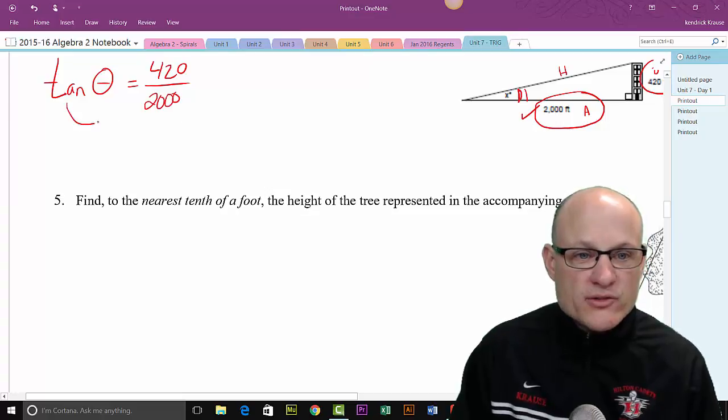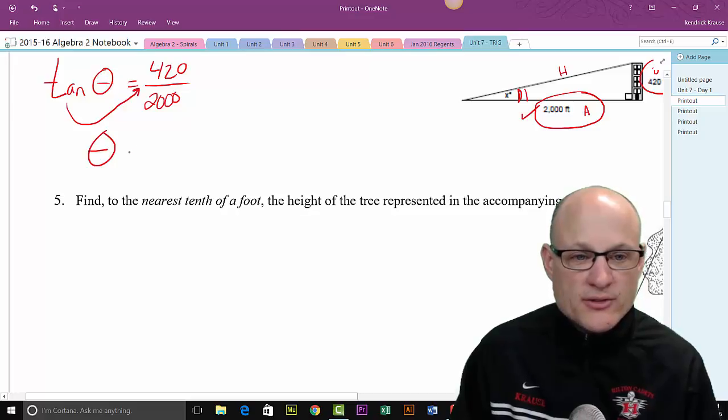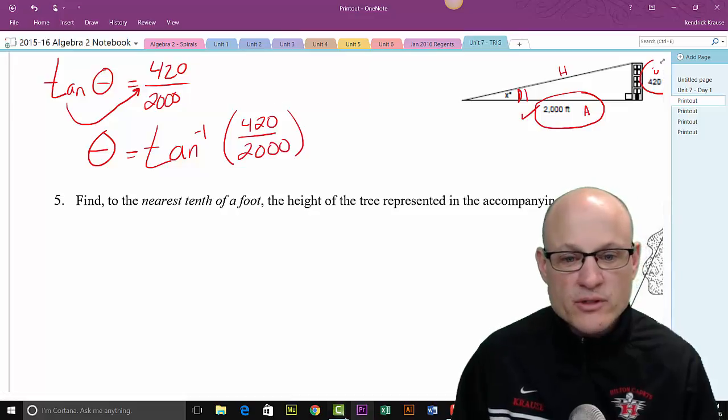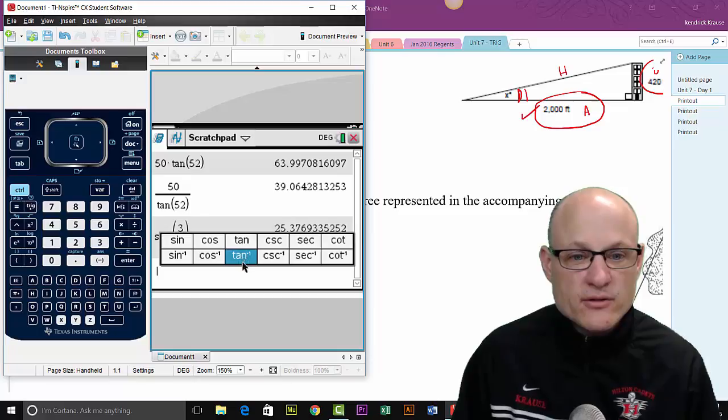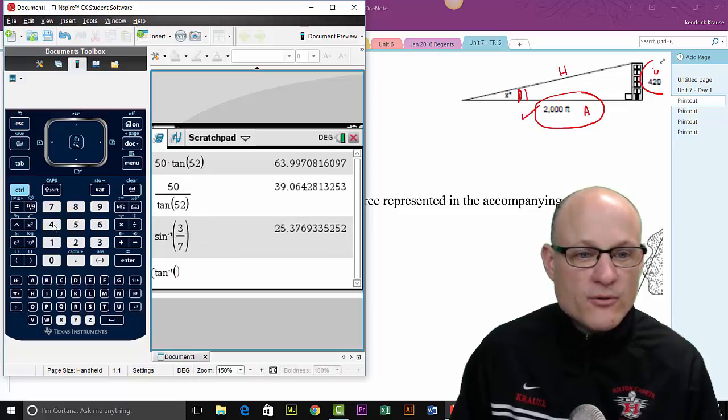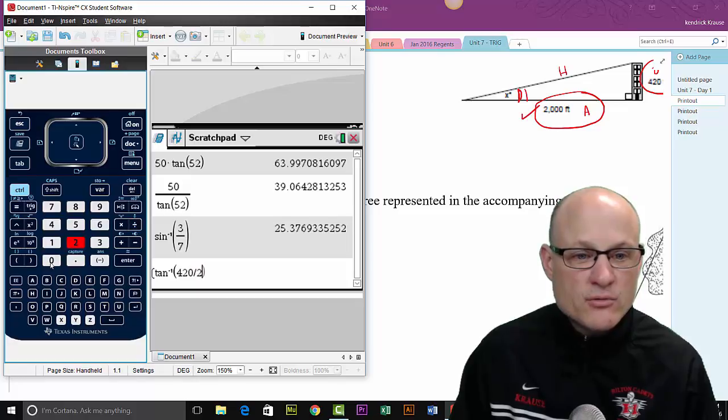420 opposite over adjacent, which is 2000. We're going to bring this tan over here. So when it goes over, it gets a sign change. So it becomes tangent -1 of 420 over 2000. Let's come over to my calculator. Tan inverse of 420 divided by 2000.